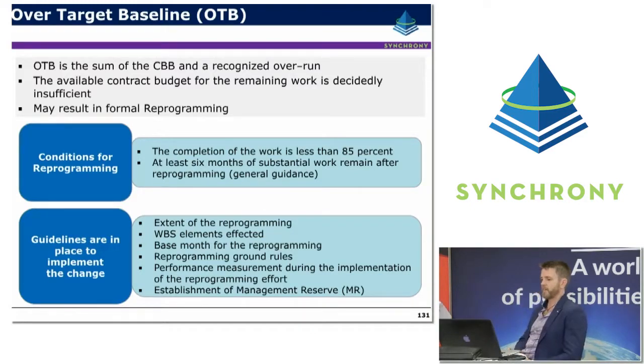So the over the target baseline is basically the sum of the contract budget base, so the overall contract value, and any recognised overrun. It occurs when the available contract budget for the remaining work is decidedly insufficient. So at this time, the contractor might put up their hand and say, we have an over the target baseline. And it may result in formal reprogramming, for example.